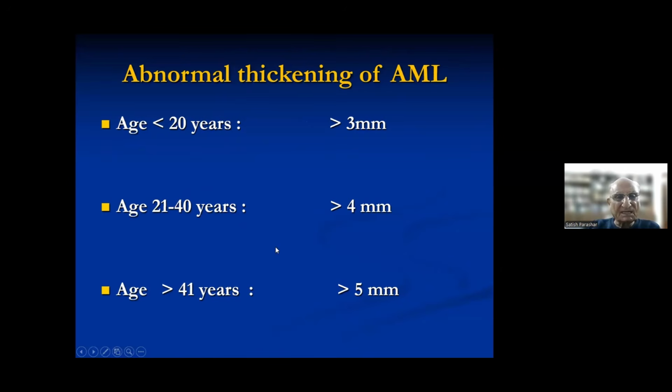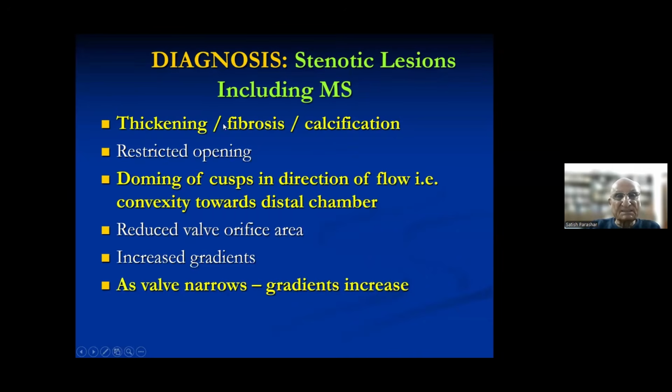As the age increases, the valve is more exposed to thickening and disease, so it will increase in size with age also, but the average is about 3 to 5 mm or so. Thickening and fibrosis are a progression.